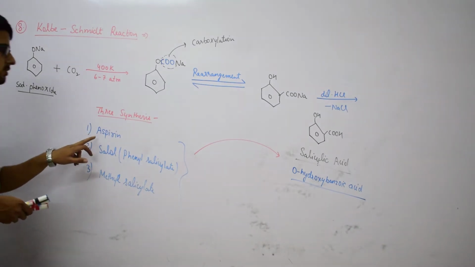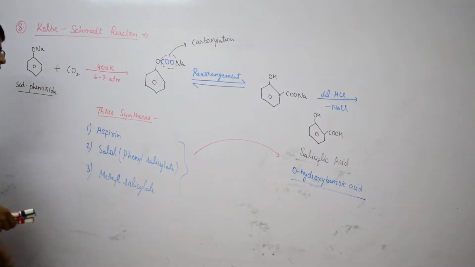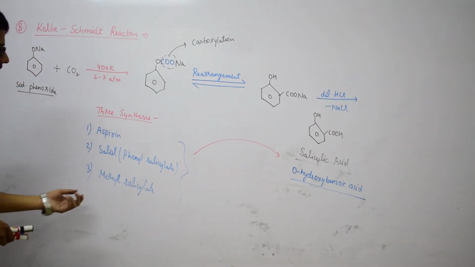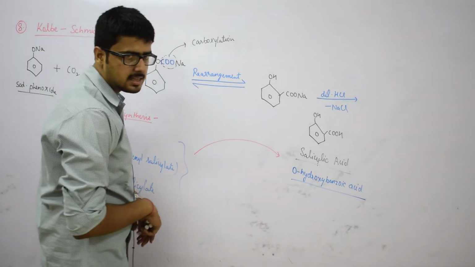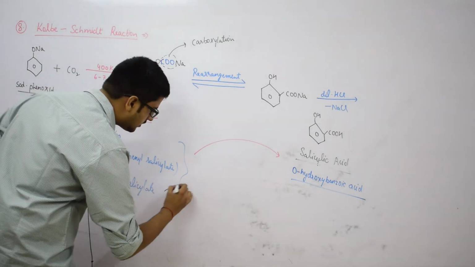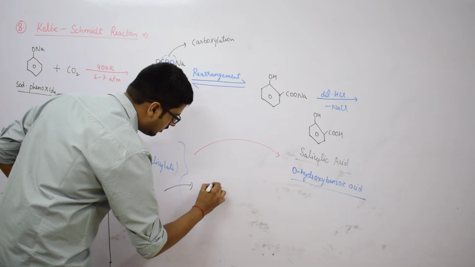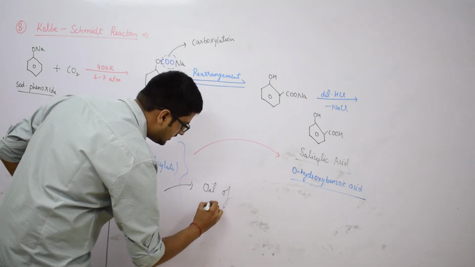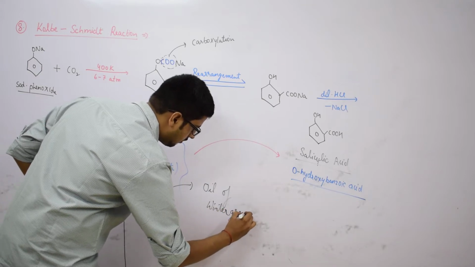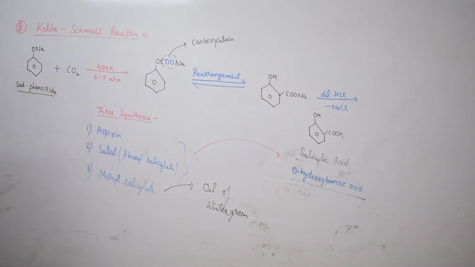And from this salicylic acid we have to see further three syntheses. First one is formation of aspirin, second one is formation of Salol, that is phenyl salicylate, and the third one is formation of methyl salicylate. And this methyl salicylate is an important constituent of oil of wintergreen.